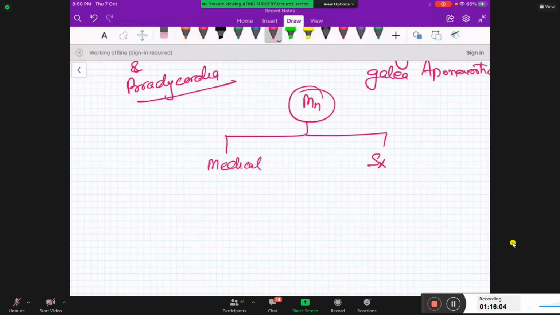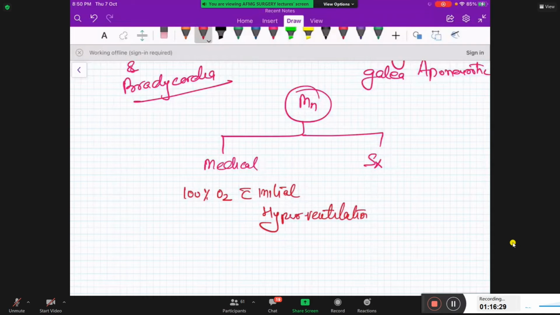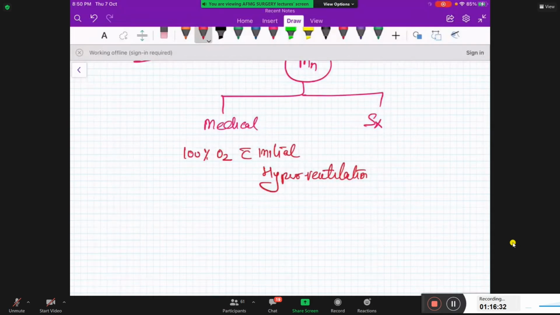The medical means of lowering intracranial pressure are 100% oxygen with initial hyperventilation, elevating head end of the bed. When you elevate head end of the bed, then also the intracranial pressure gets lower.